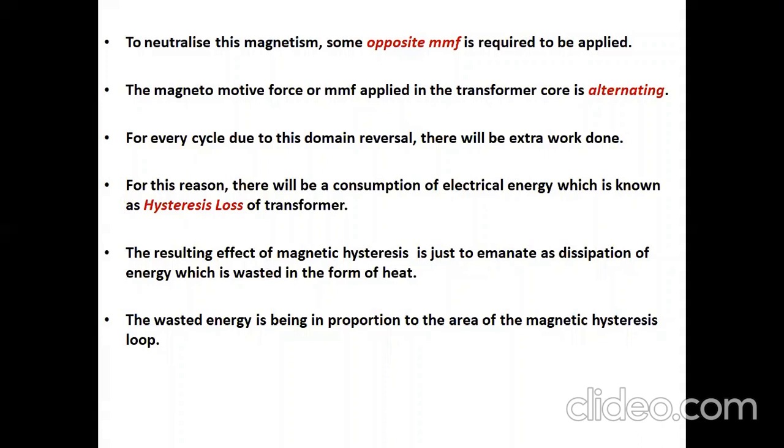The magnetomotive force or MMF applied in the transformer core is alternating. For every cycle, due to this domain reversal, there will be extra work to be done. For this reason, there will be a consumption of electrical energy, which is known as hysteresis loss of transformer.